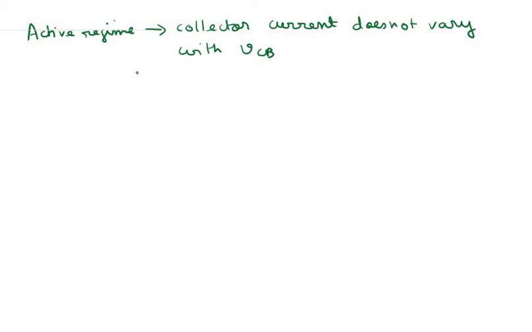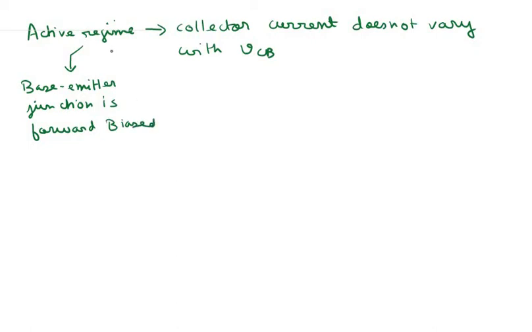And in the active regime, the base to emitter junction is forward biased, and the collector to base junction is mainly reverse biased.